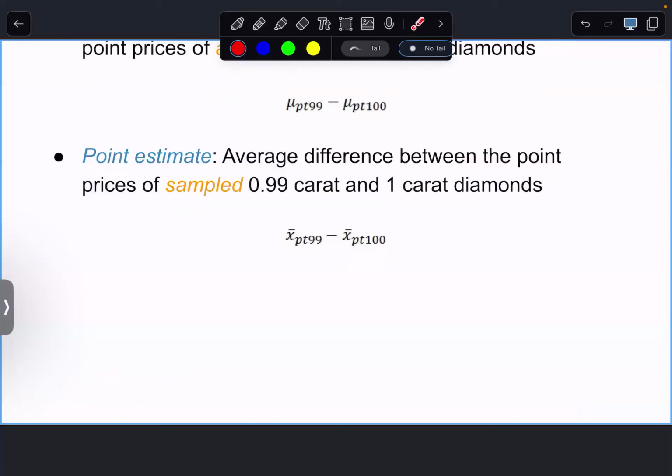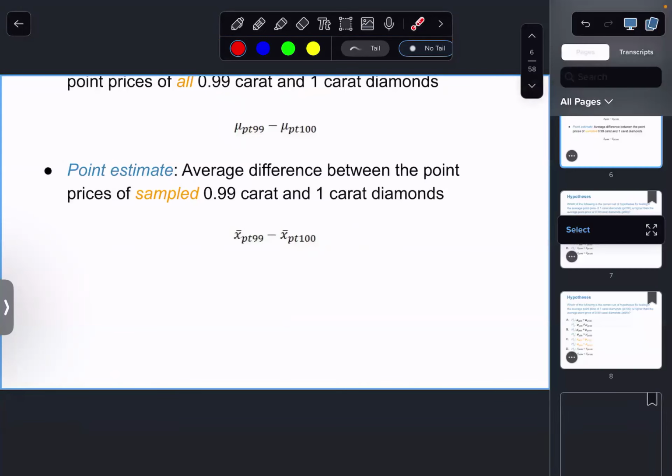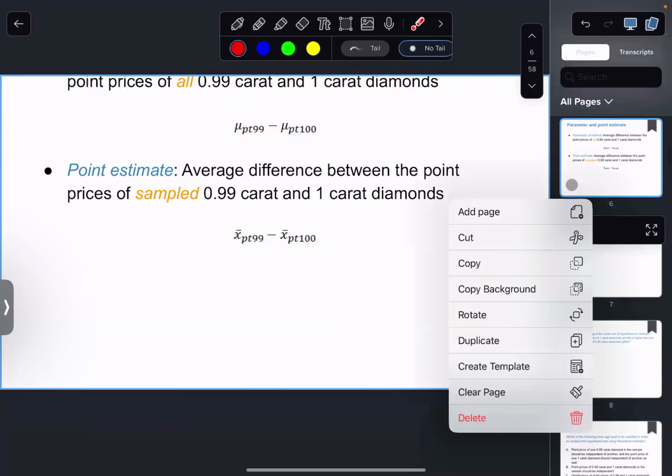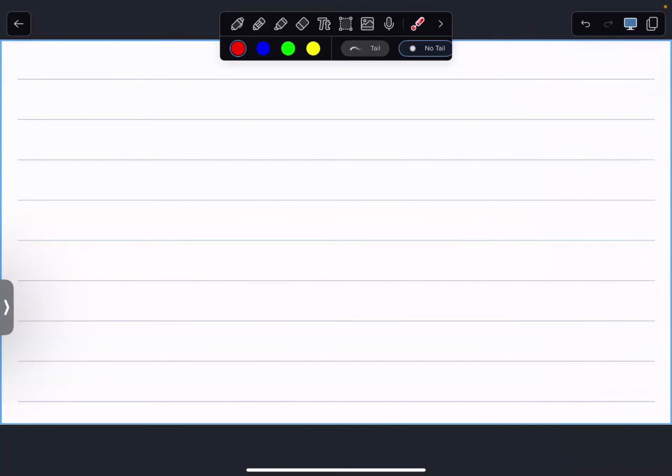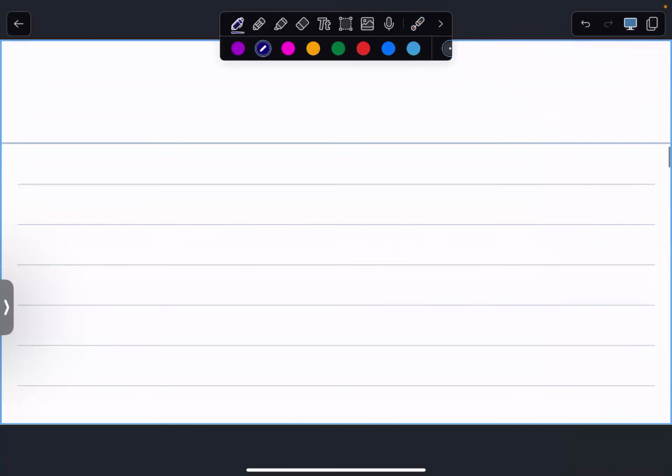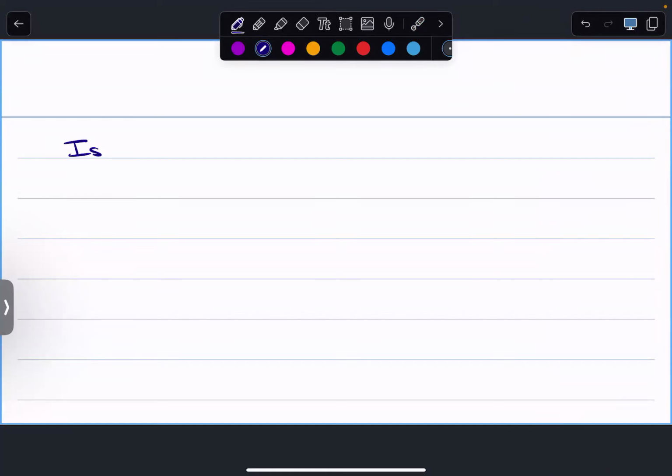They do go through it in all the following slides, but I'm gonna go rogue. I guess it's an example, it's a huge example. Is there evidence... I guess I should write it down. Whenever you see "is there evidence," that's a hypothesis test, right? So you have to do the full, all the steps.